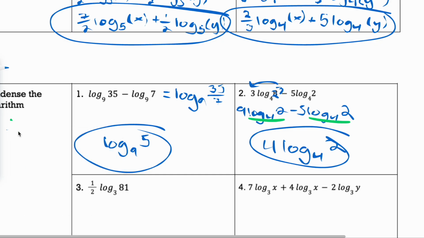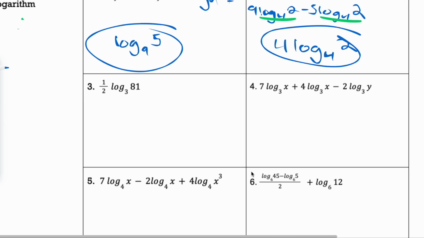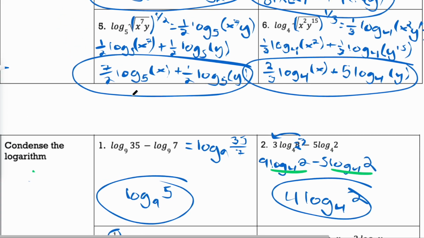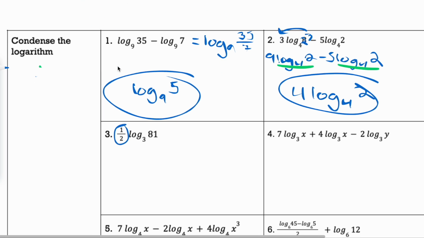Okay. Let's move down to this one. Well, we have 1/2 log base 3 of 81. That 1/2 is out front. It's a coefficient. So what we can do is go in reverse. Remember how before we moved this exponent out front? Well, let's just do the opposite.